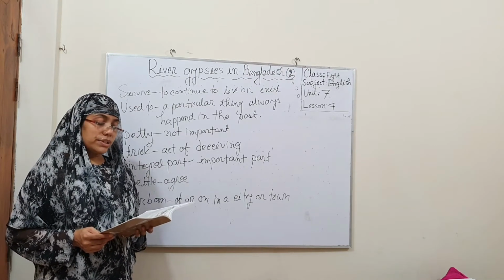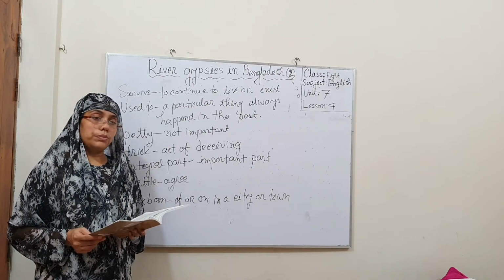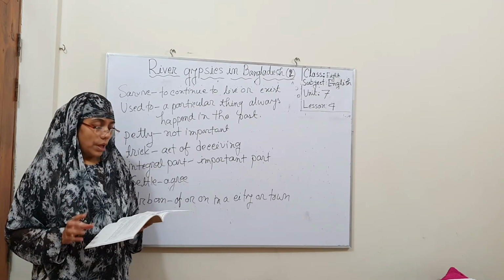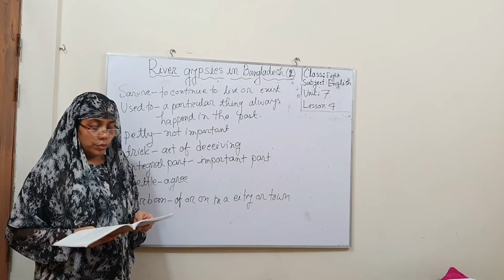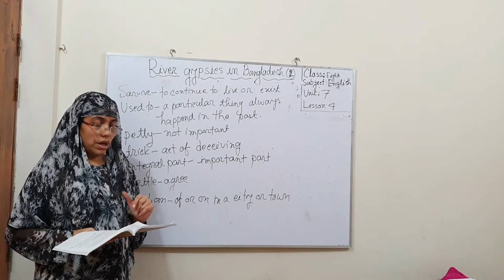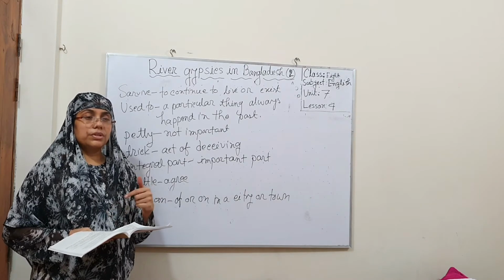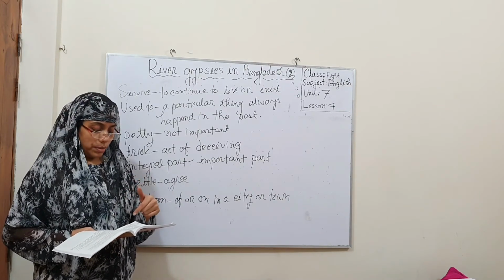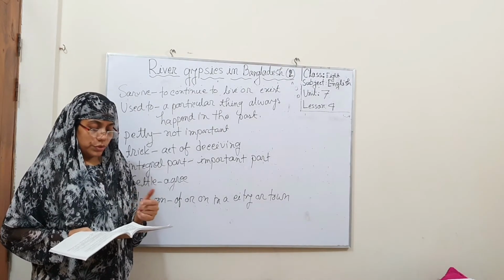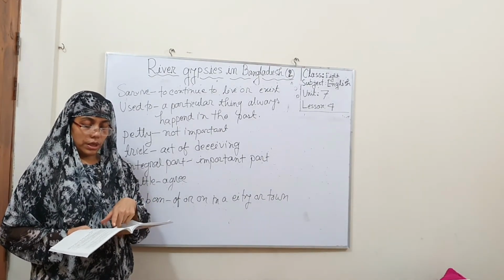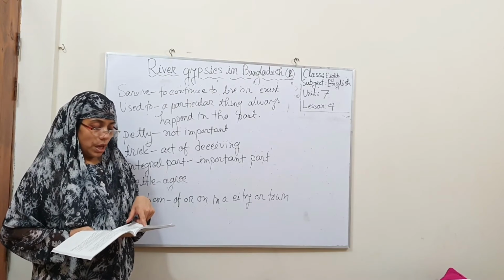Yes, river gypsies are facing some problems, not one problem. At first, they are losing their customs in the urban population because Bangladesh is rapidly urbanizing. So they are losing their customs in the urban population.